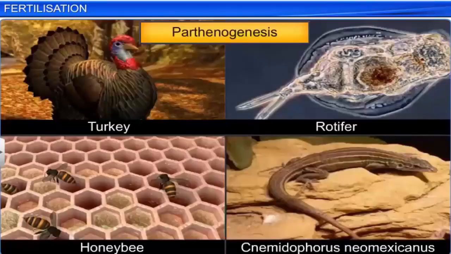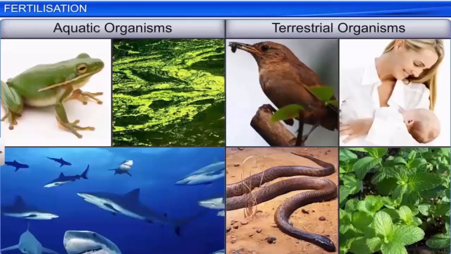Parthenogenesis, however, occurs only in a few organisms. Fertilization, on the other hand, occurs in a wide variety of aquatic as well as terrestrial organisms. However, the way fertilization occurs in aquatic organisms is very different from the way it occurs in terrestrial organisms.